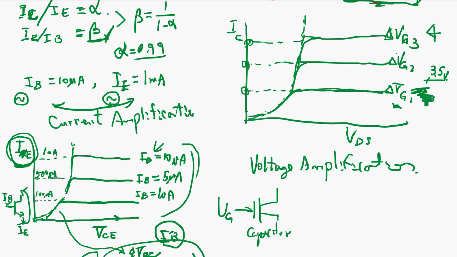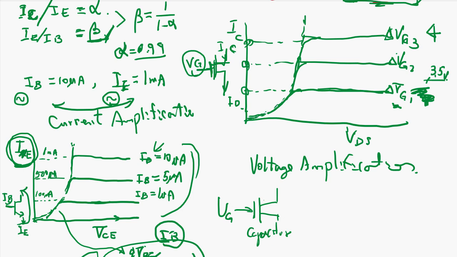This IC is essentially the same as ID, and VG controls the saturation current.